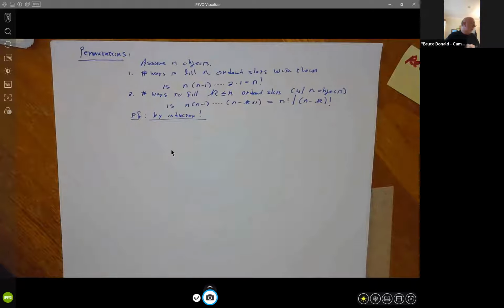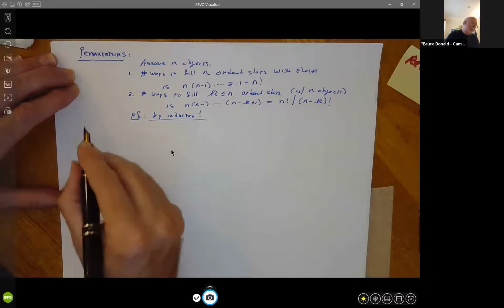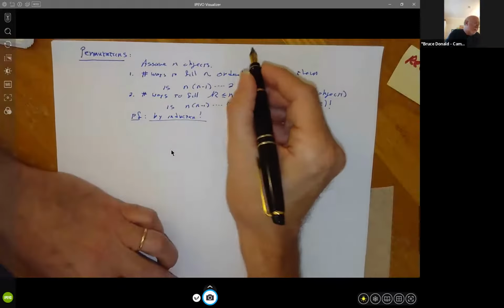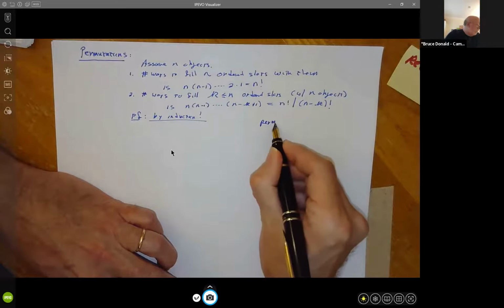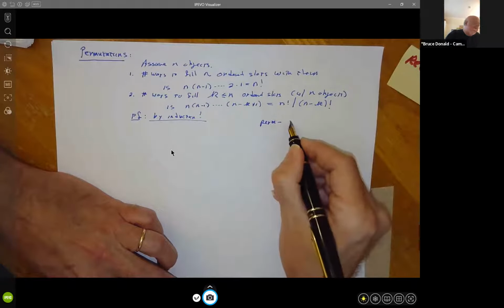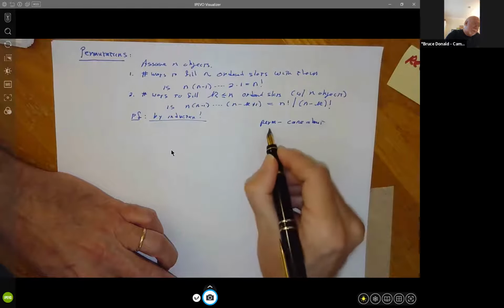Okay, now I want to make a contrast between permutations and combinations. Permutations care about order. They care about different orders.